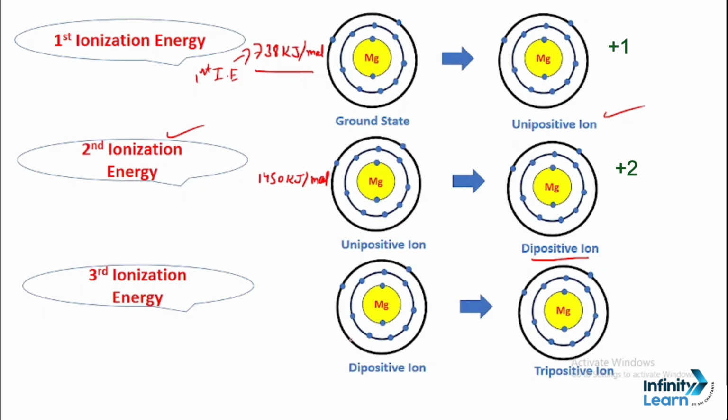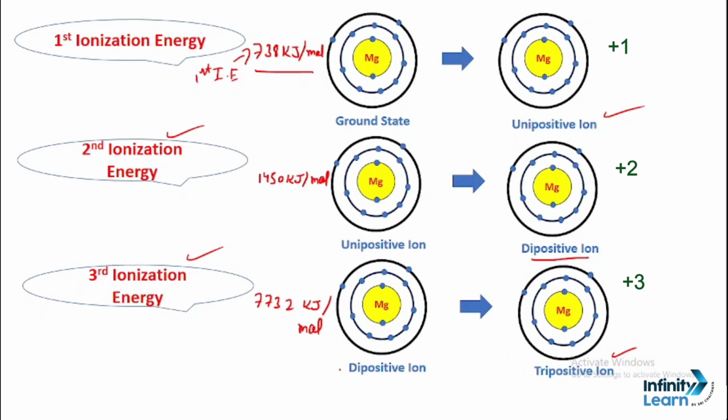Now thirdly, let's take the dipositive ion of magnesium, and we add 7732 kilojoule per mole of energy to it, and again it loses another electron and becomes a tripositive ion. So this 7732 kilojoule per mole of energy is known as our third ionization energy, as it converts our dipositive ion into a tripositive ion.